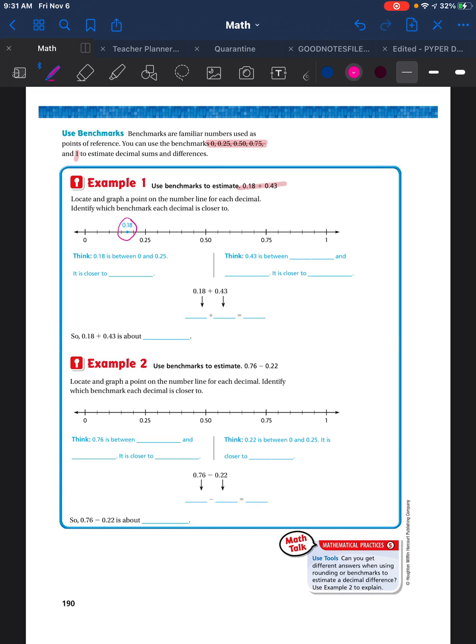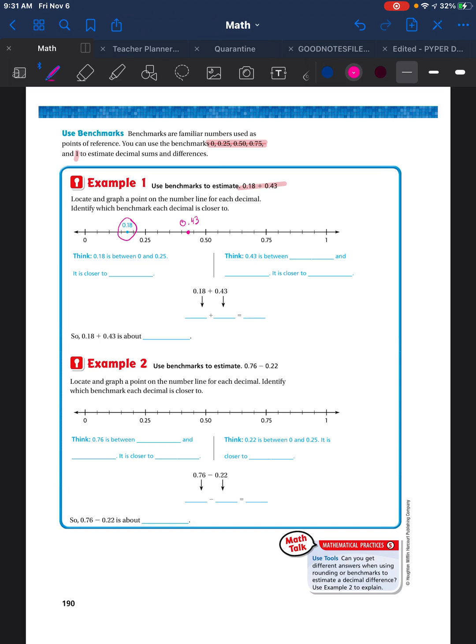So you want to just kind of count your tick marks. So we've got 1, 2, 3, 4 in between. So it'd be 5. So you've got to think about halfway to 50 would be about 40, a little bit over. So 0.43 would be roughly right here. And we'll put 0.43 hundredths.